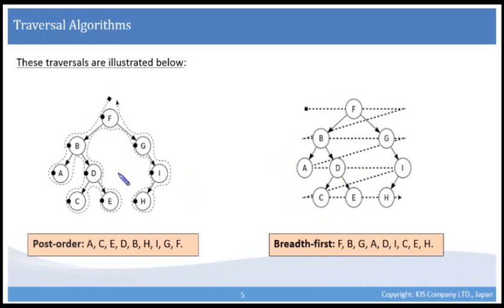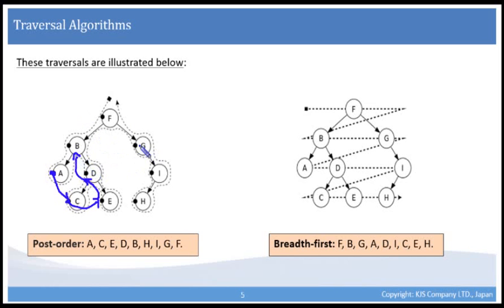Let's have a look at the post-order traversal. Here we visit the left child first, then the right child, then the parent. So we'll start at A, the left child. From here we will then go to our right child, which would be D, but this also has a subset of children. So we would end up at the left child again, C. From C we would then go to the right child, which is E, and then the parent, which is D. From this parent we would then go to the parent again, which would be B. Here we would then go to the right child.